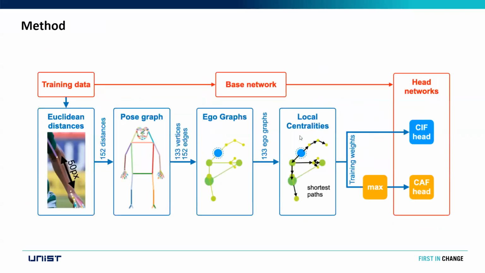So this is the architecture of the proposed paper. Apparently, they don't do anything about the base network or head networks. Their main idea is to add this training weight to the head networks, and then they will get better results.